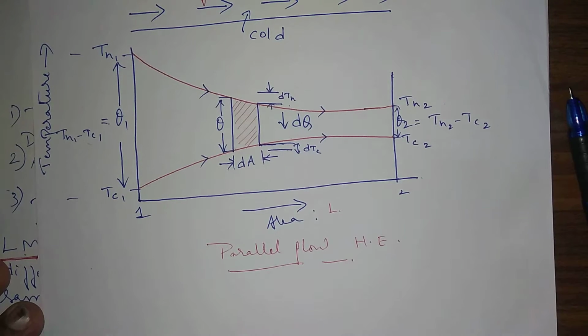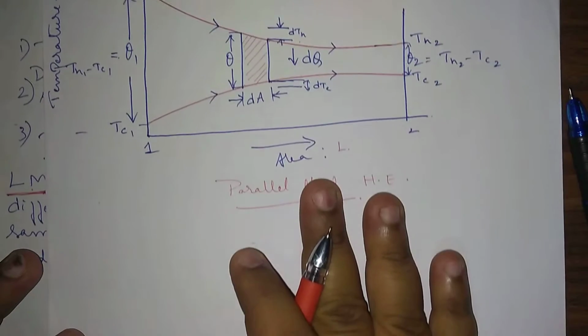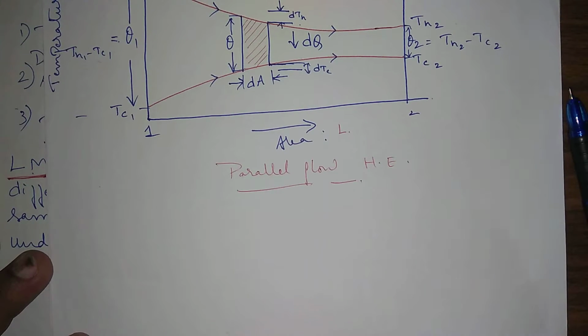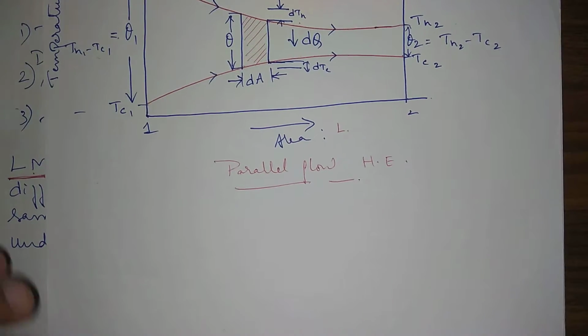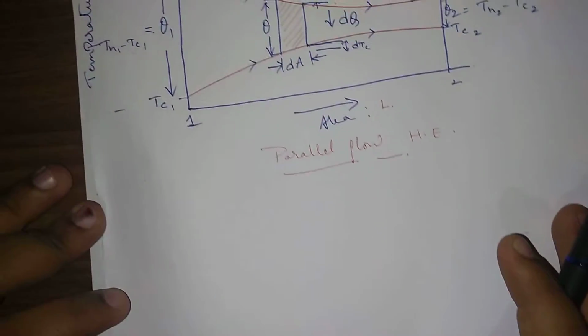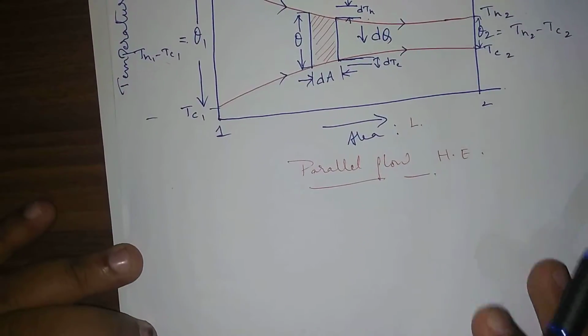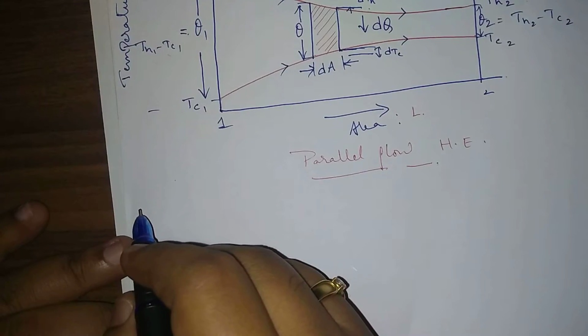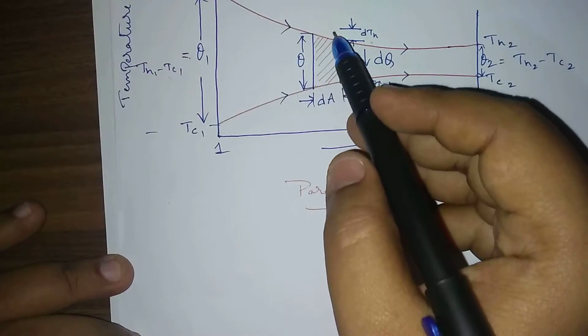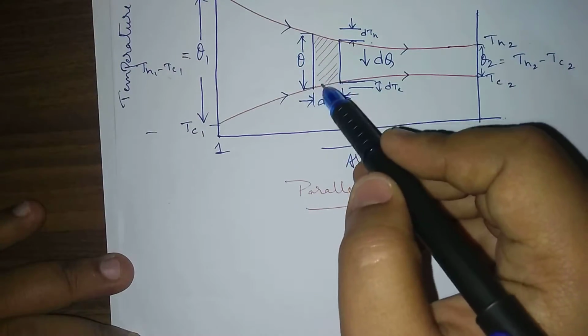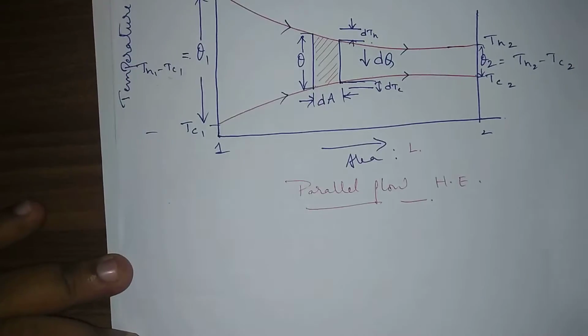Now let us derive the expression for LMTD for the parallel flow. Let us start the derivation here. As I told, let us consider a small elemental area along the length of the heat exchanger.